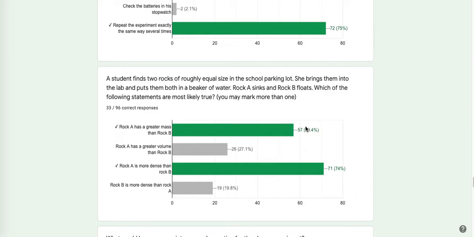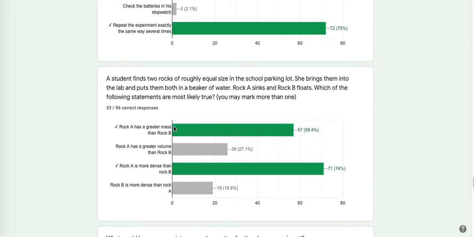And it's important here that you notice the rocks are roughly of equal size, so we can assume that they have close to equal volume. So if 2 rocks of the same volume have different masses, the one with more mass will have a greater density as well. So there were 2 correct answers.